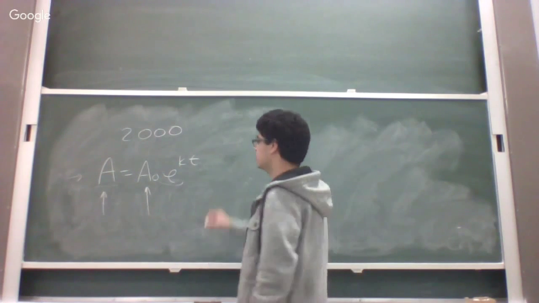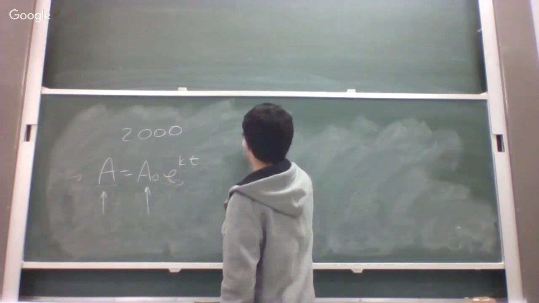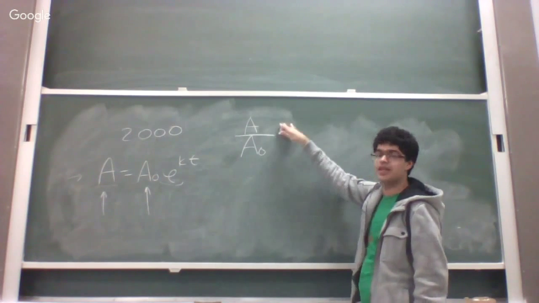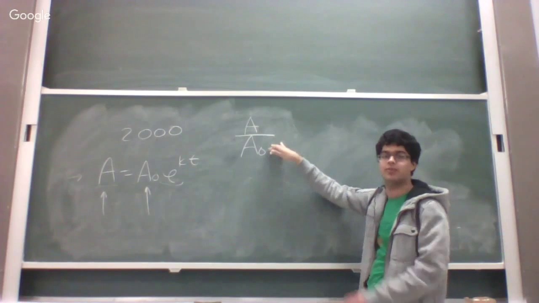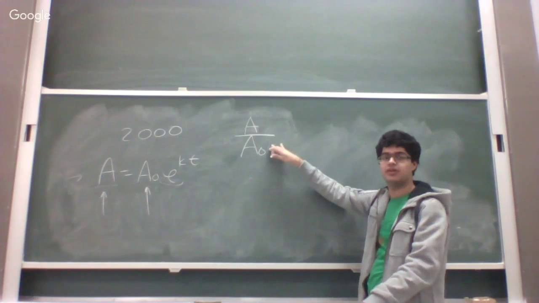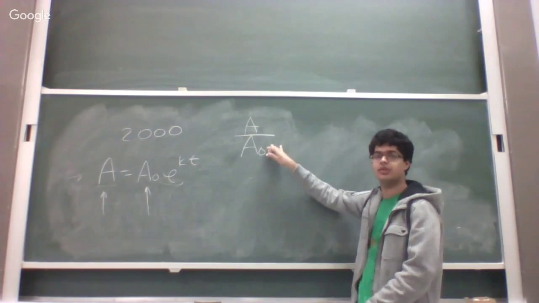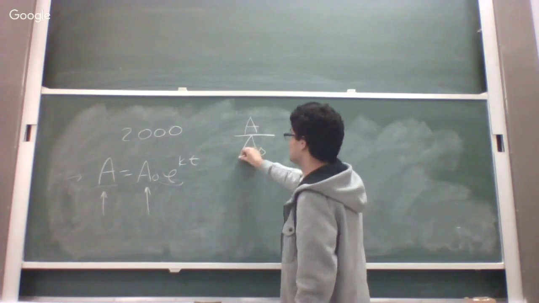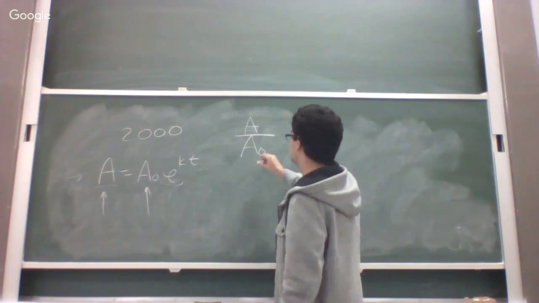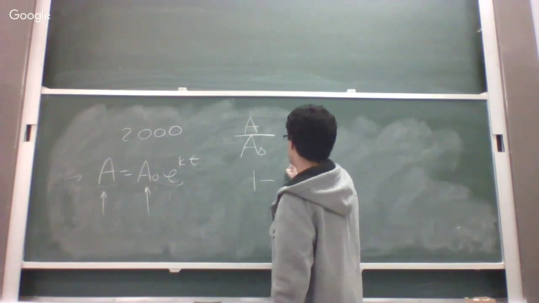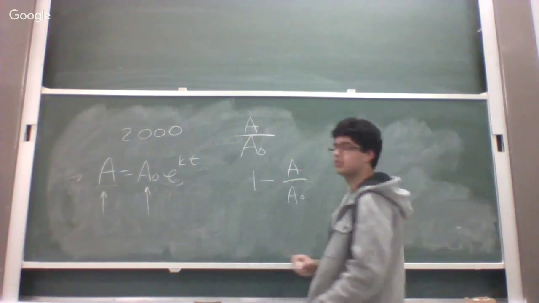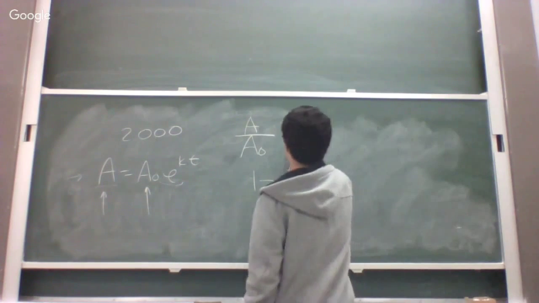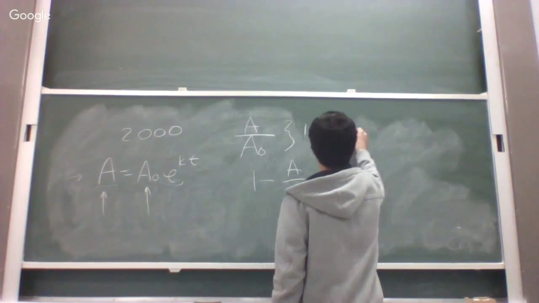So with the fraction A over A0, that is the fraction that is left after a certain amount of time. They want a fraction of how much is gone. So then it'd be 1 minus A over A0. This is the percentage that is left after t.